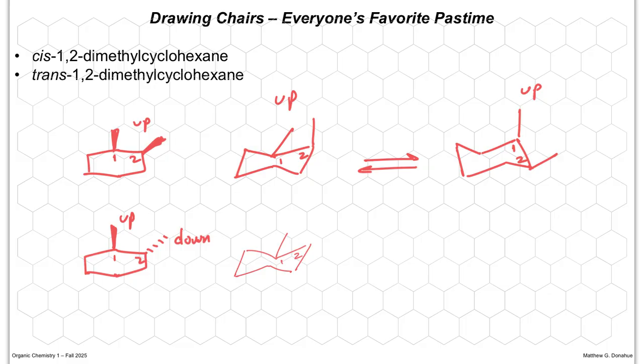Now the methyl group at C2 has to face the bottom, so it's got to be on the opposite face, which means it's going to be equatorial. Then when we ring flip that, they're both axial.